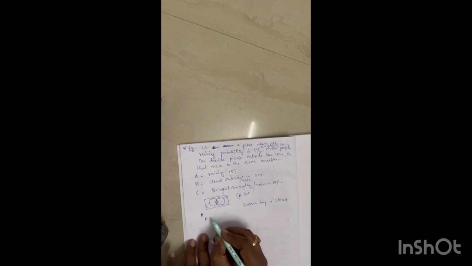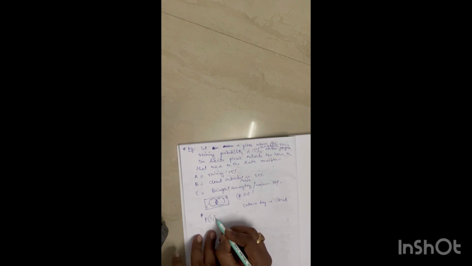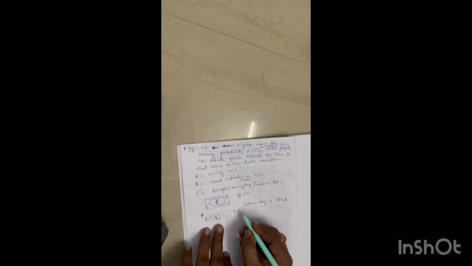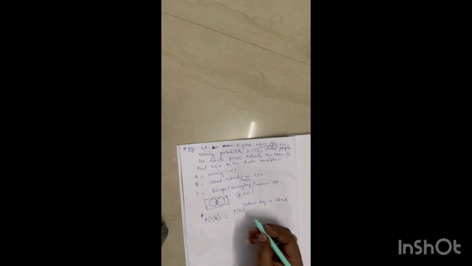So the probability that we want to get is cloud and rain, this is my criteria: the probability of rain when there is a cloud.